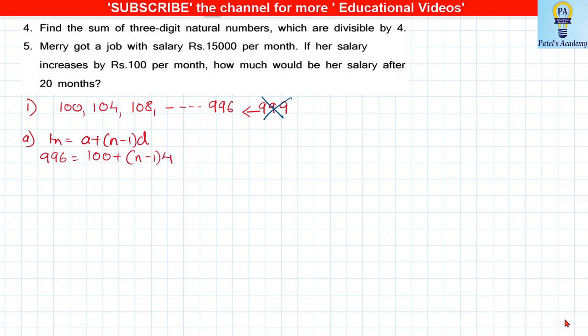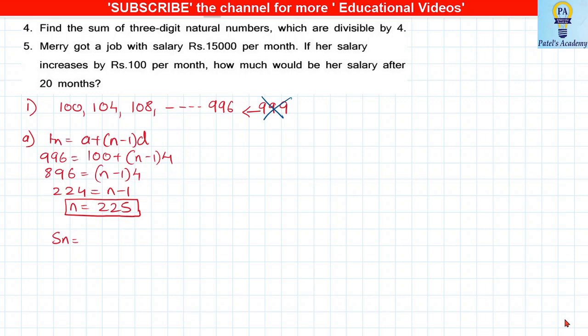Now when I shift 100 to this side, it will subtract, so I get 896 equals n minus 1 into 4. When I shift 4 to that side, it is 896 divided by 4, that is 224 equals n minus 1, and after shifting I get n equals 225. The question is not this, the question is you have to find Sn.